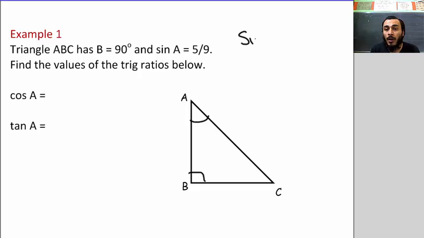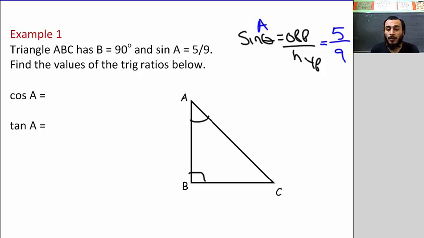Now you'll recall that the sine of theta is equal to opposite over hypotenuse, right? So when they are telling us that the sine of A is 5/9, they're telling us also that the opposite side is 5 and that the hypotenuse is 9 of this right triangle, that the sides are in that ratio.